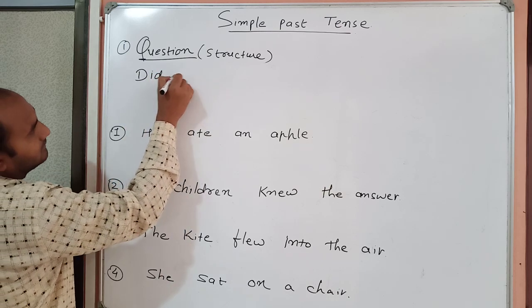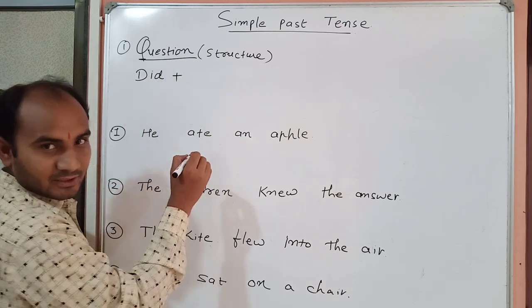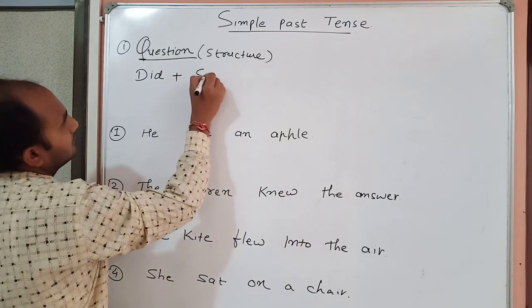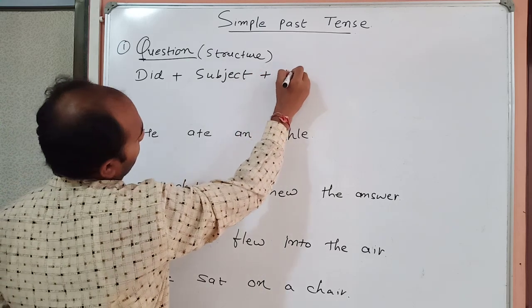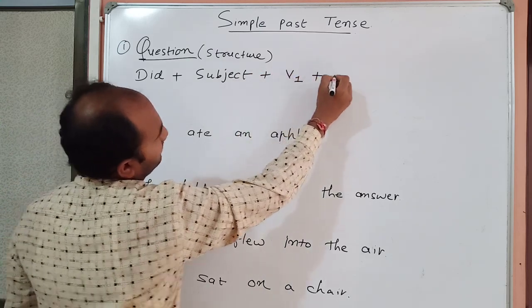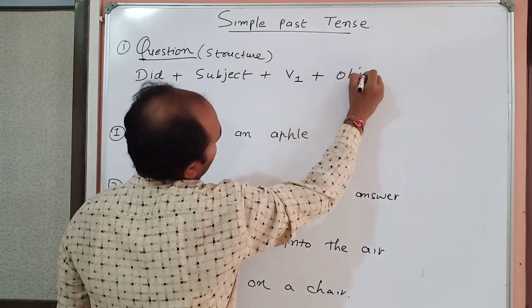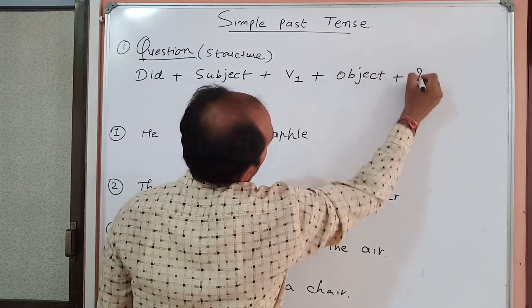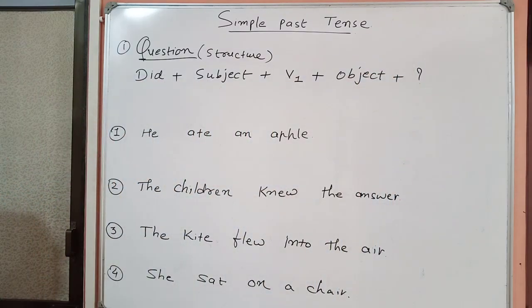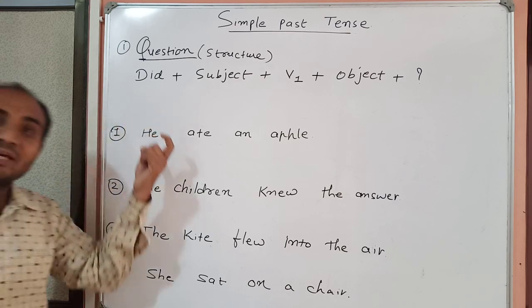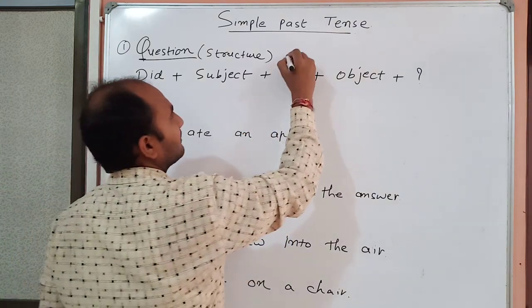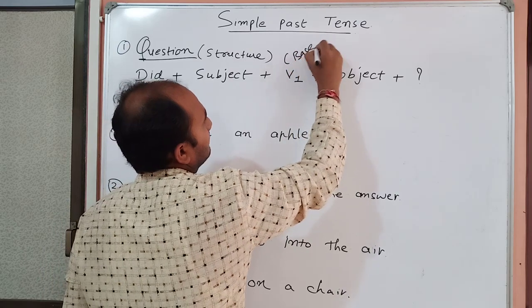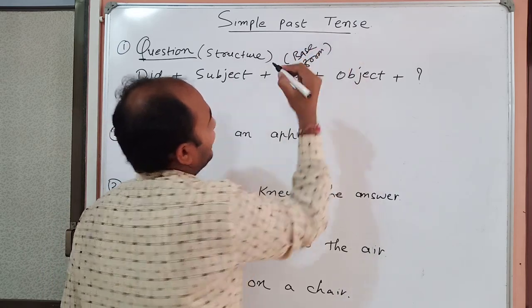did plus subject plus V1 plus object plus question mark. Here we are using did, so again we will put V1, that means base form.